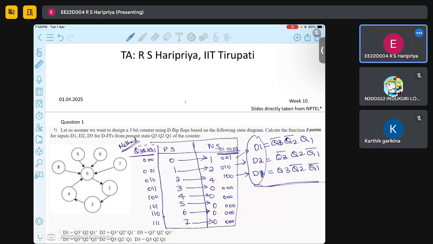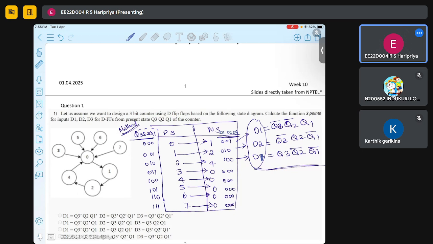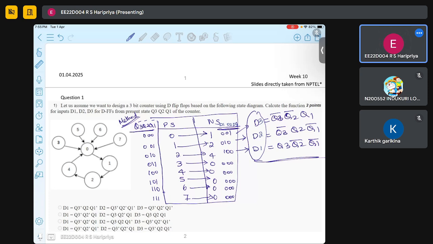V1 is, this one we represent V1, V2, V3.